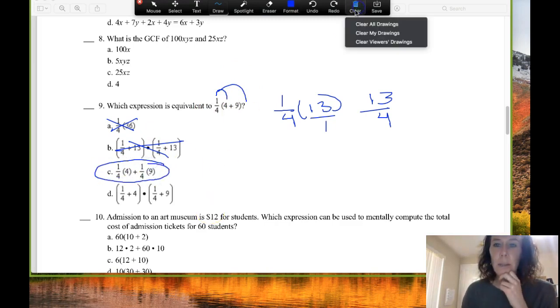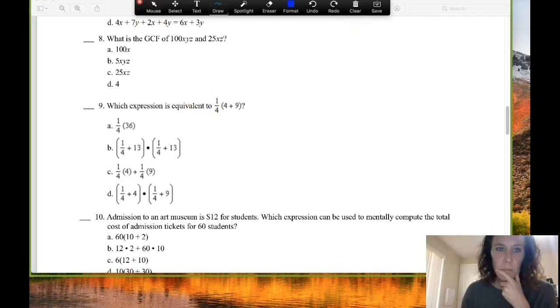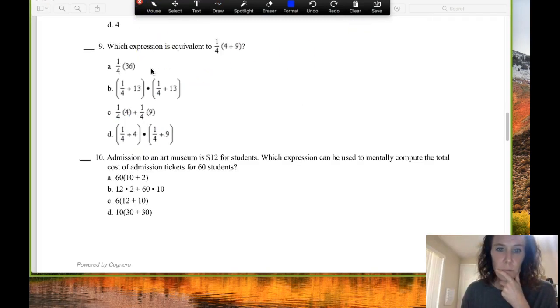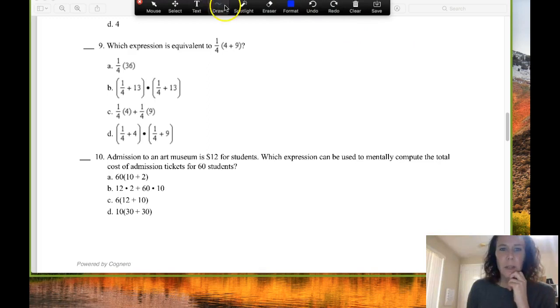All right, let's go on to number 10. Real quick, I want to go back to number 9 and just remind you, I did what's inside first, that's the order of operations, but if you did distribute first, you would still get the same answer of 13 over 4.